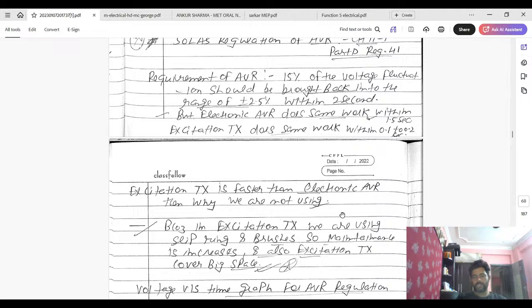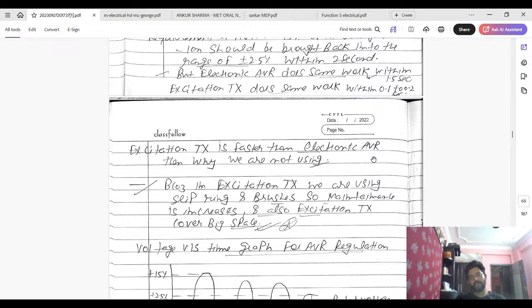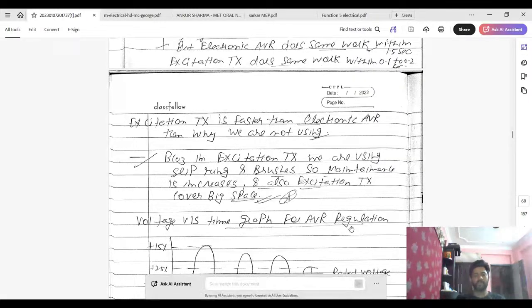So around 60 to 66 volts plus minus will be brought back to 5 to 10 volts, which is 2.5%.